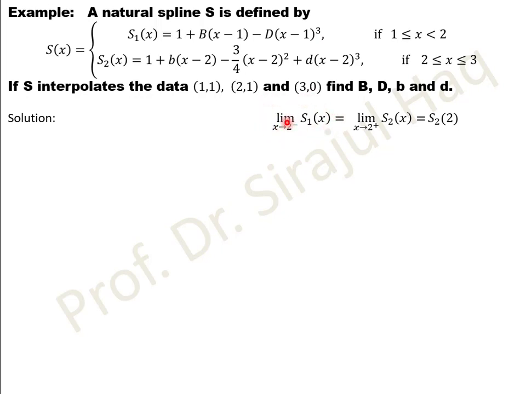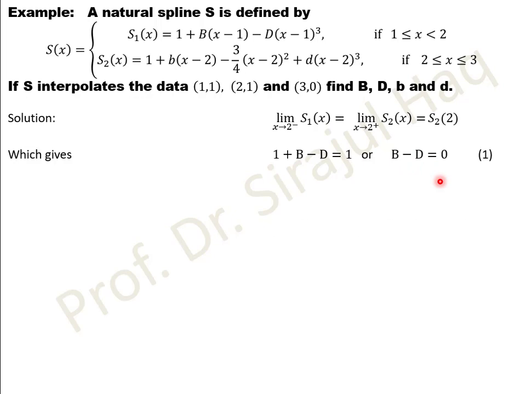That's why the limit is there. And when I substitute, because I have nothing in the denominator, I replace x by 2. So 2 minus 1 is 1, so b, and 2 minus 1 squared, 1, is minus d. You can see this portion will become 0 and you are getting 1 only. 1 and 1 will cancel and you are getting b minus d is equal to 0.